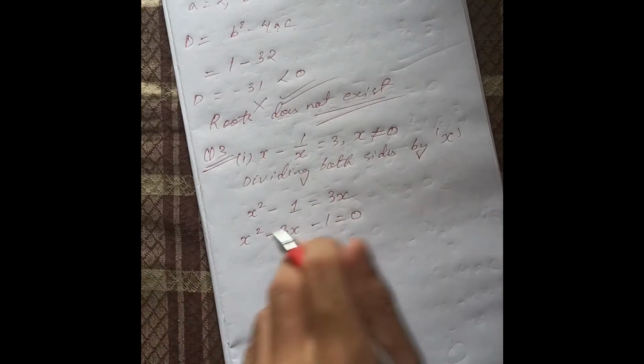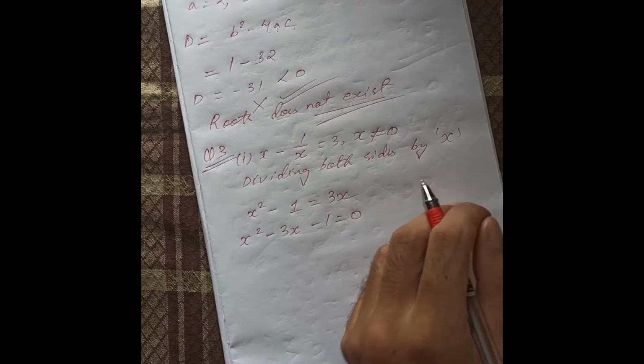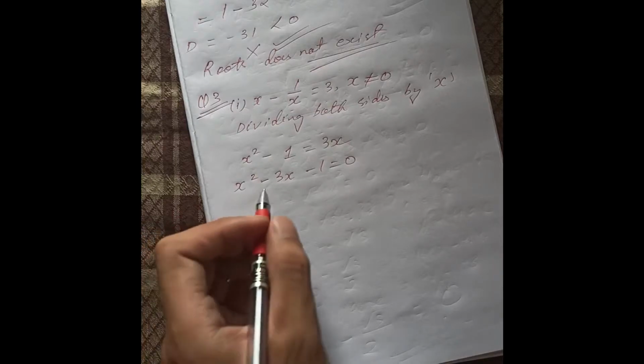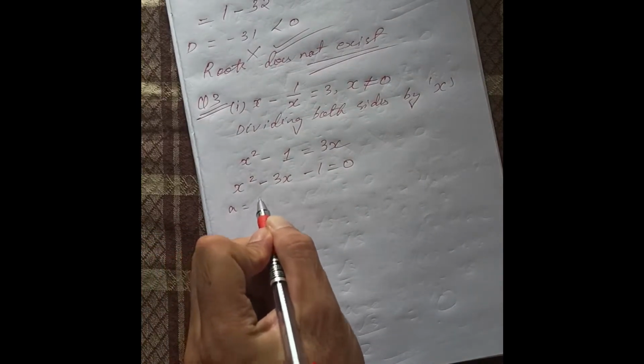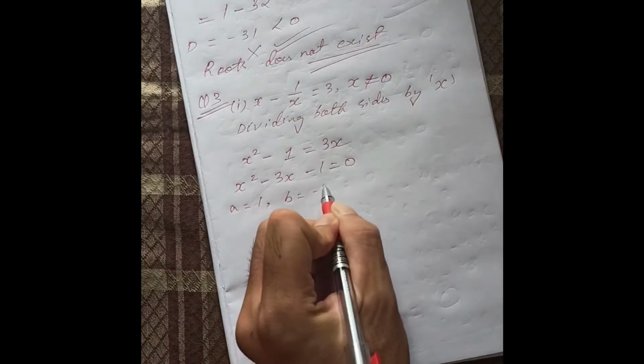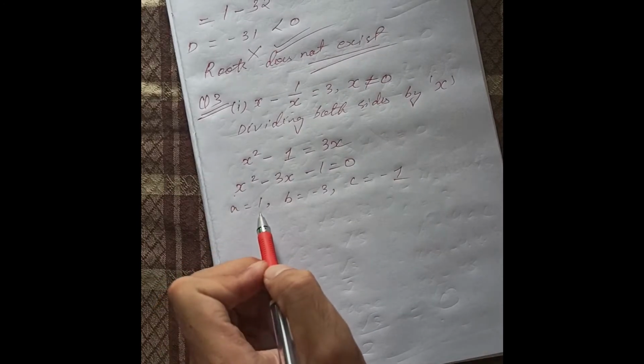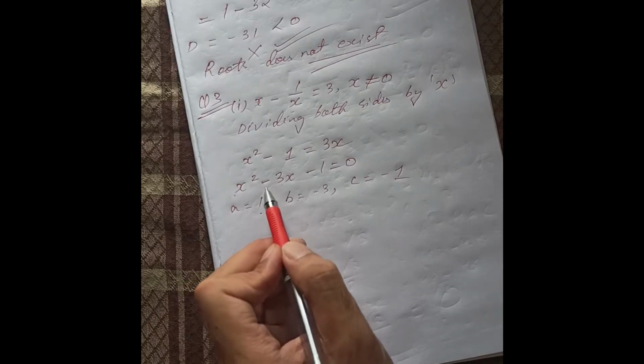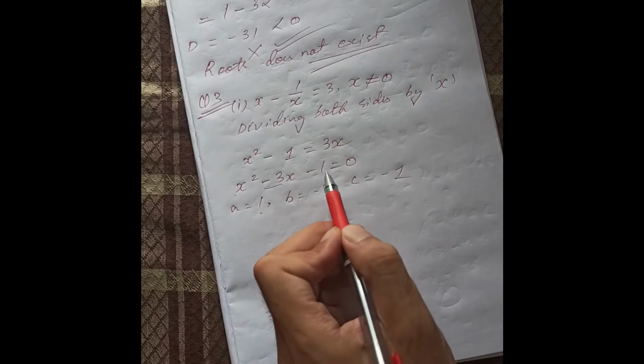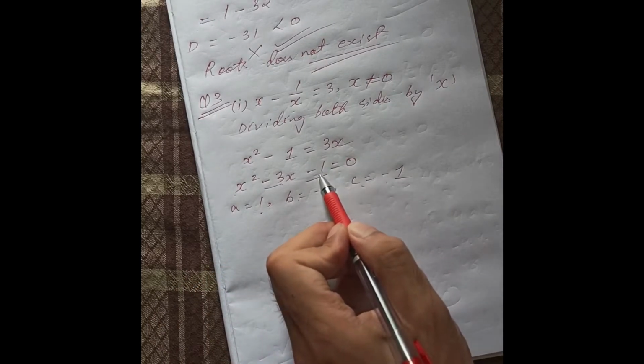Now this is a quadratic equation, so we have to find the roots. Let's apply the quadratic formula. a is 1, b is minus 3, c is minus 1.